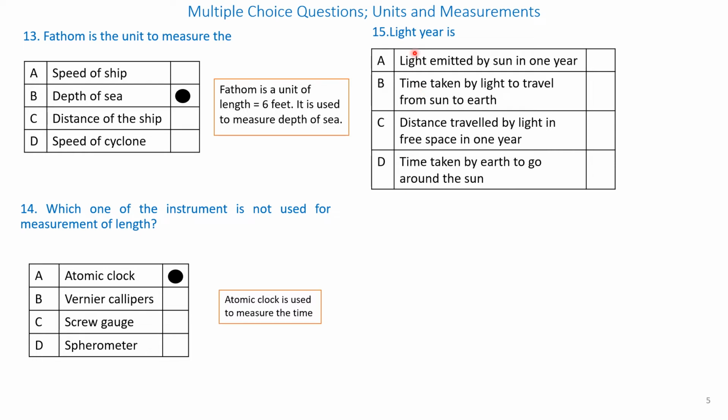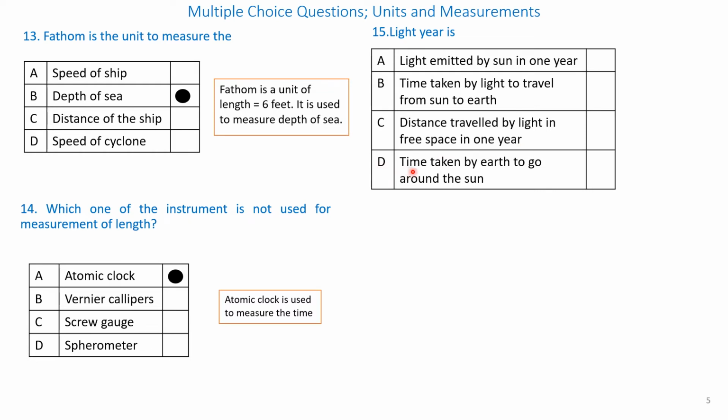Next question. Question number 15. Light year is option A, light emitted by sun in 1 year. Option B, time taken by light to travel from sun to earth. C, distance traveled by light in free space in 1 year.